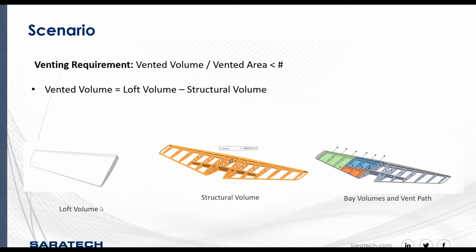So the loft volume is given by the aero folks, and the structural volume here is whatever your components amount to. So from there, you have a vented volume. And so now you'll have to work backwards from your requirements and figure out what the cross-sectional minimums are for lightening holes and for venting holes. So your stress folks will give you your maximum, and this will play into getting your minimums.